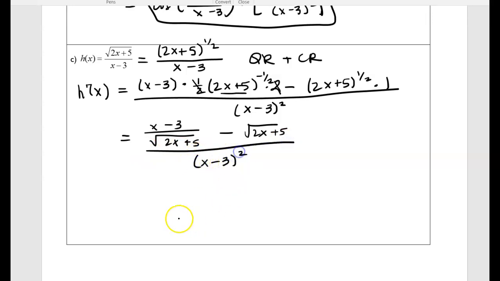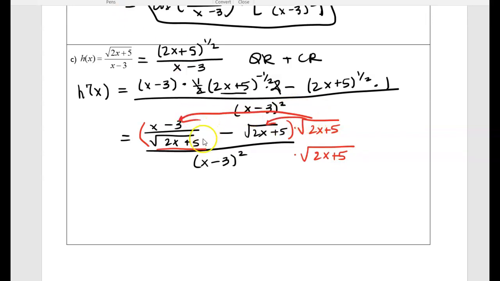Now that doesn't look very pretty. We want to simplify it a little bit more. And so to do that, we're going to get rid of this complex fraction, the fraction within another fraction. And so what we can do is just multiply by this denominator, square root of 2x plus 5. But I need to do that in the numerator and the denominator, and I need to make sure I distribute when I do that. So I have to distribute this through.